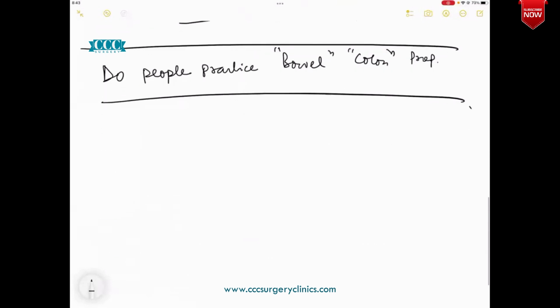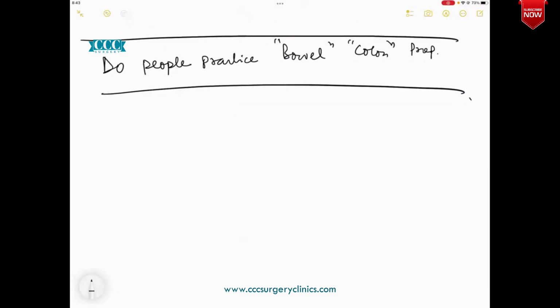But what is important is, in the real world and in real practice, when you talk about people practicing and preaching this, a majority of surgeons still believe in some form of bowel prep.